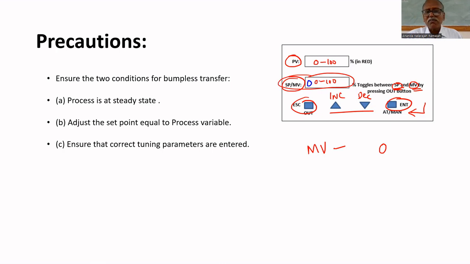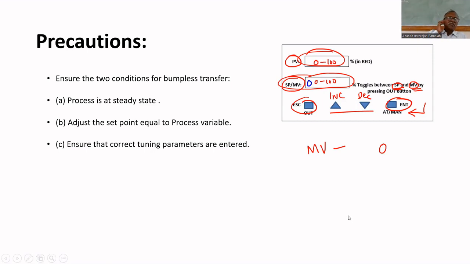You can toggle between the 2 by pressing the escape key. If O is displayed, if you continuously press the enter key, it will transfer to auto mode. When set point is displayed, if you continuously press escape, it will go to configuration mode. This displays the process variable in terms of percentage. So that's all about the flow process.